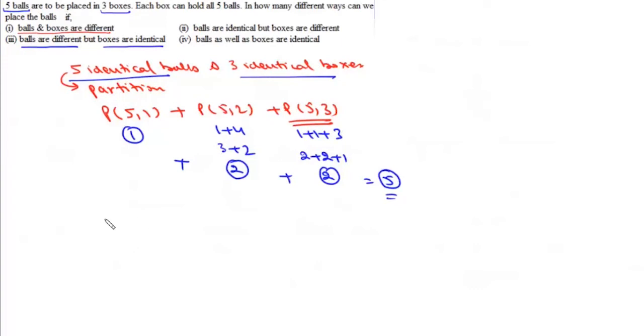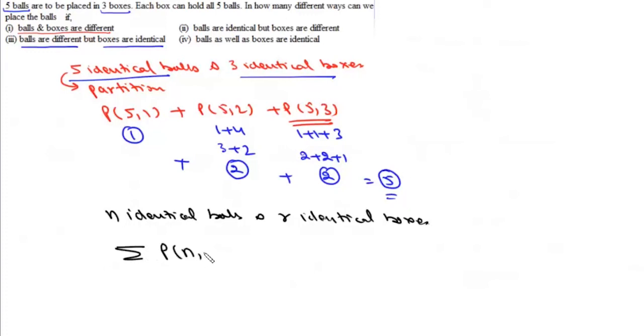We have to write its general formula. So we have n identical balls and r identical boxes, then all we need to do is find the sum of these partitions P(n,k), where k varies from 1 to r.